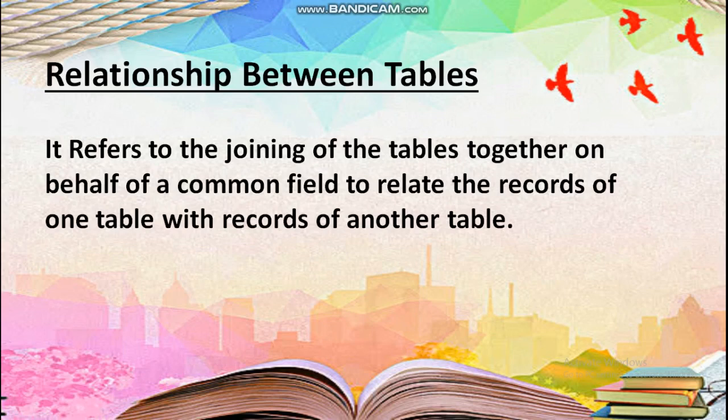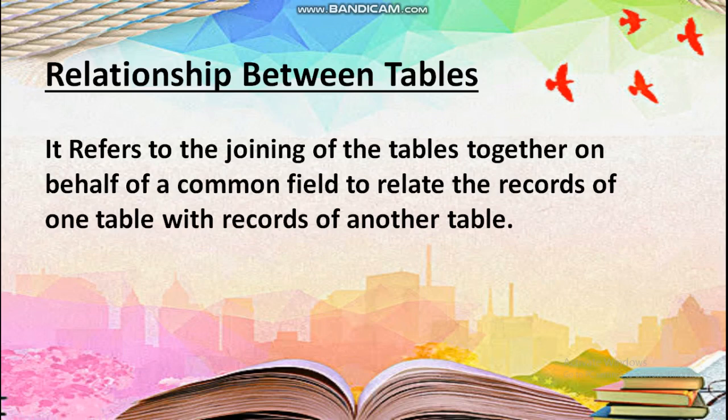Now you can imagine how bulky this database is. Instead of keeping all the fields together in one table, we can create different tables to store data related to any object. For example, a student's information.